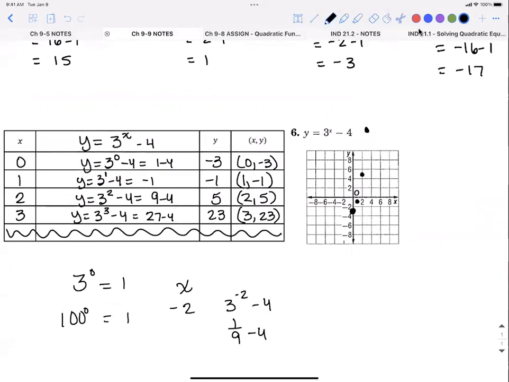And 1/9 minus 4 is -3.88888888. Okay. So if I graph that point, -2, -3.888, it's going to be right here.